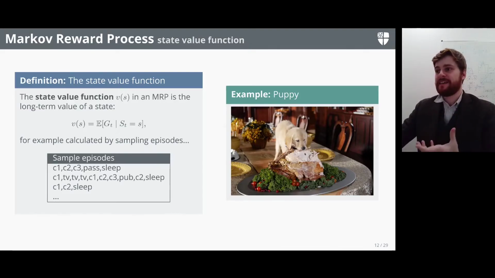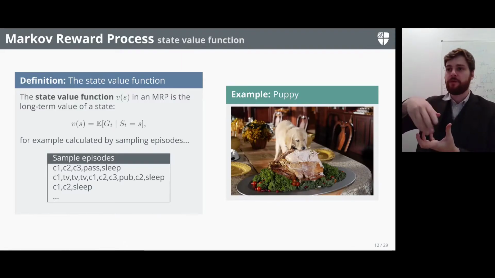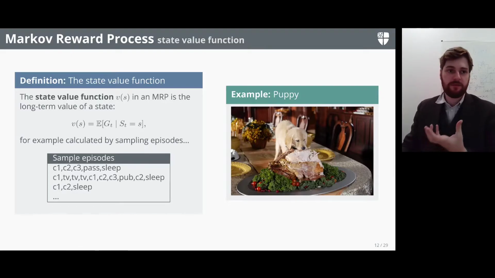So the expected long-term value of this state for the puppy isn't actually that high, because on average the owners are going to discipline this puppy and be angry at it. So the value function is really a way of saying: what is the value of being in this state, on expectation, from where I might end up by going from this state? What is the long-term value of me being here?